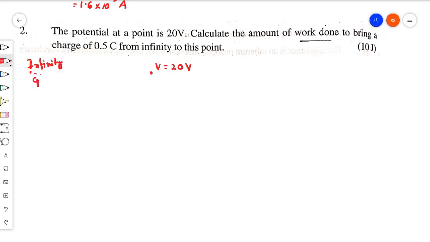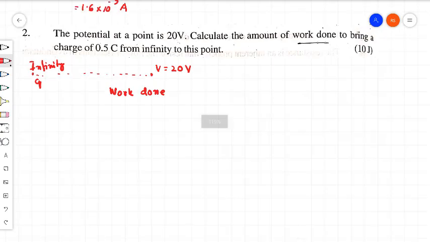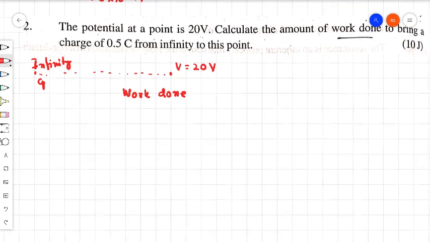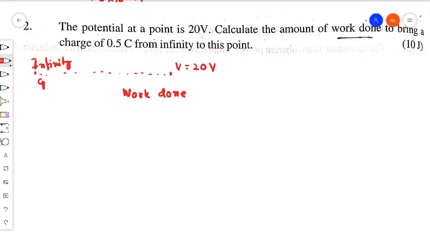So the work done in bringing the charge Q, what is Q?